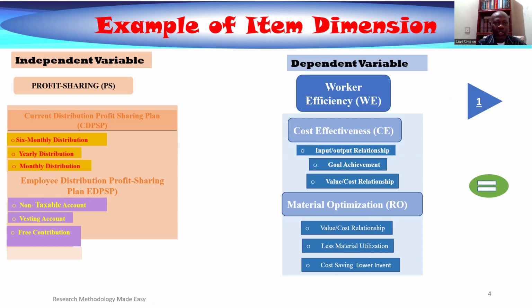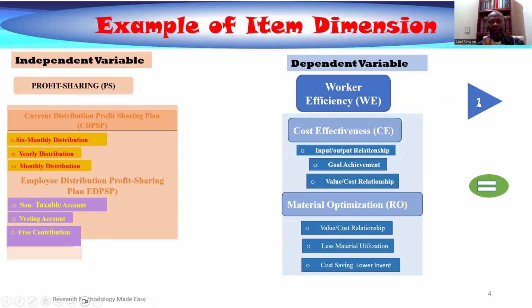The architectural design of the item dimension is different from the factor dimension. If it is a factor dimension, it does not have other indicators under the dimension.